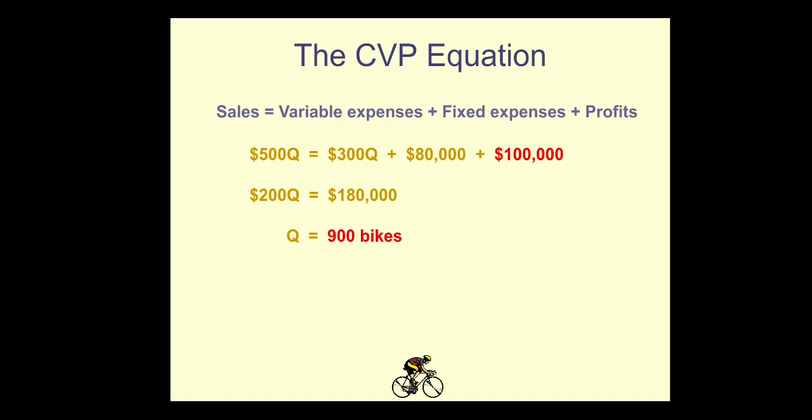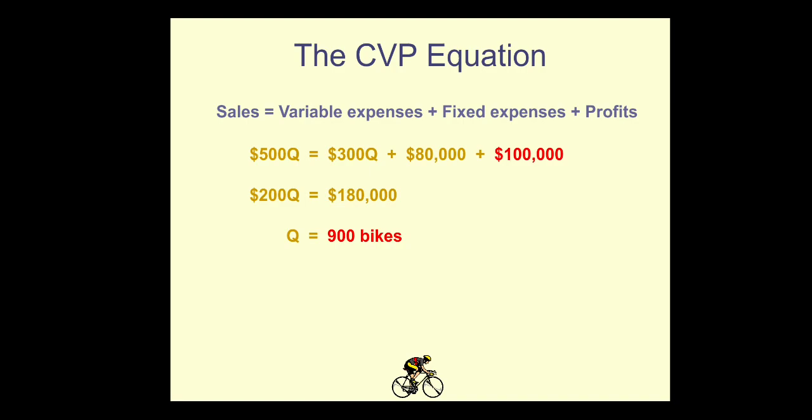If you want to calculate target profit or do target profit analysis using the equation, you have to use this equation. Sales equals variable expenses or variable cost plus fixed cost plus profit that the business wants to achieve.